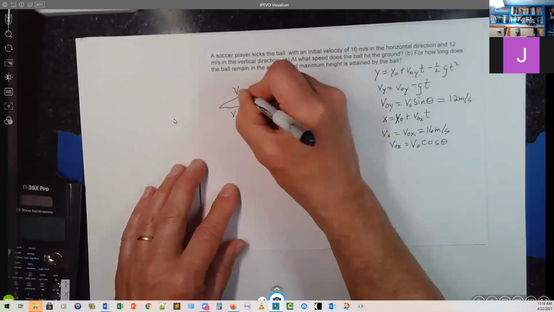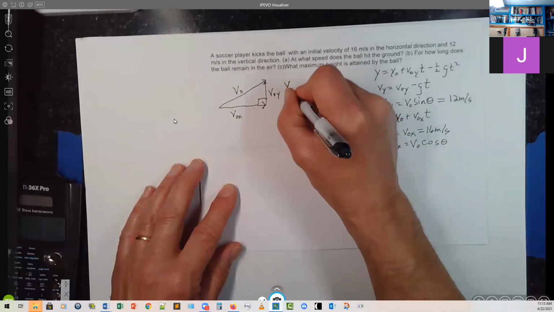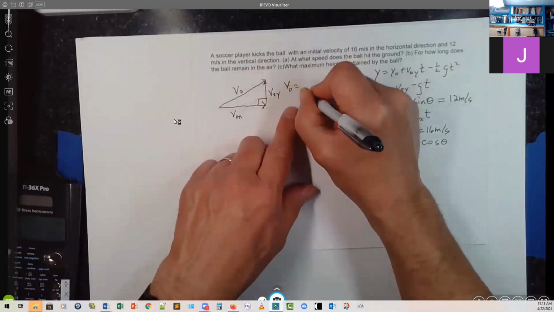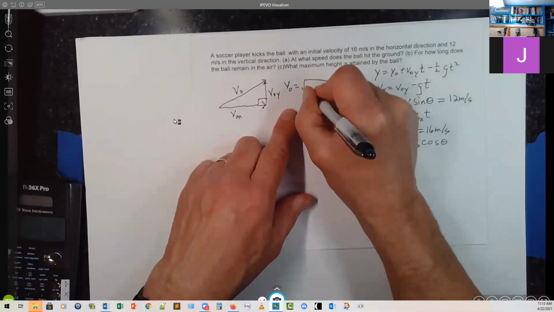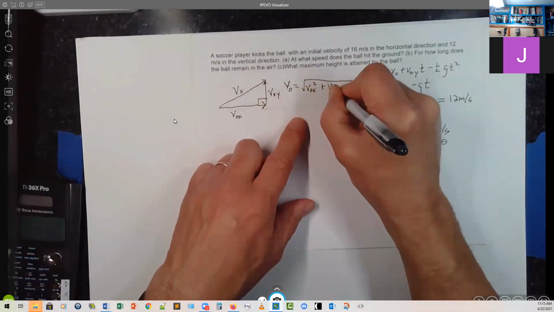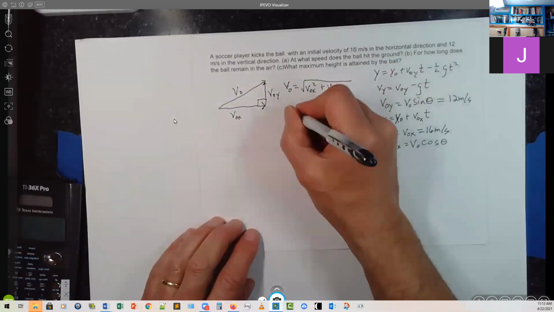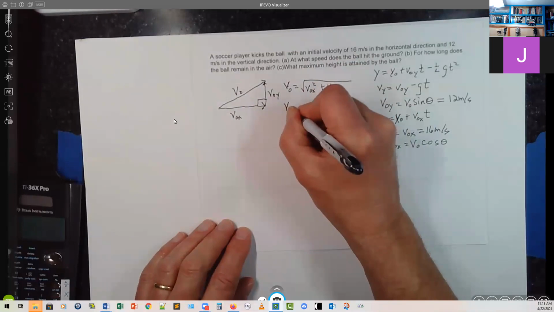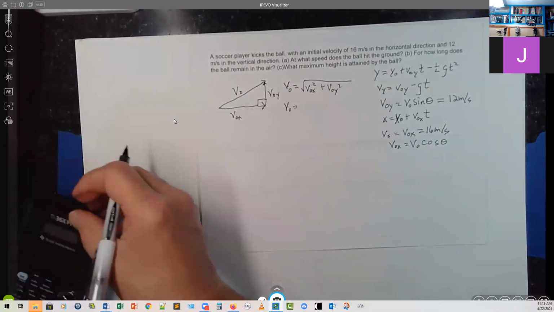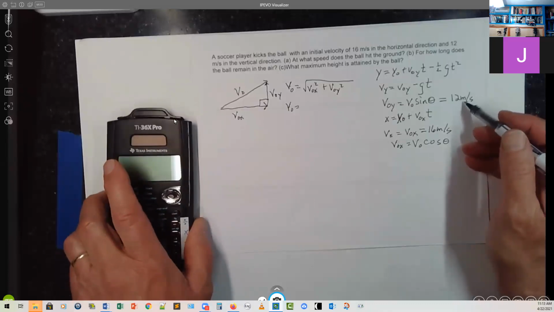This is v naught, and the initial speed of this thing, v naught, is going to be the square root of v naught x squared plus v naught y squared. I may not need this, but I can figure it out in this case. So I'll just plug them into my calculator. 16 meters per second and 12 meters per second.